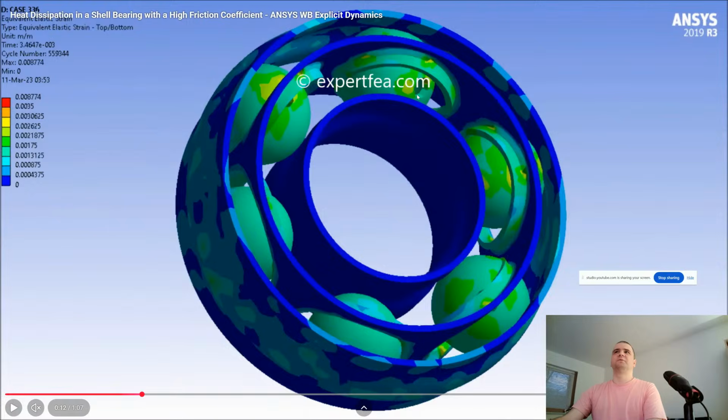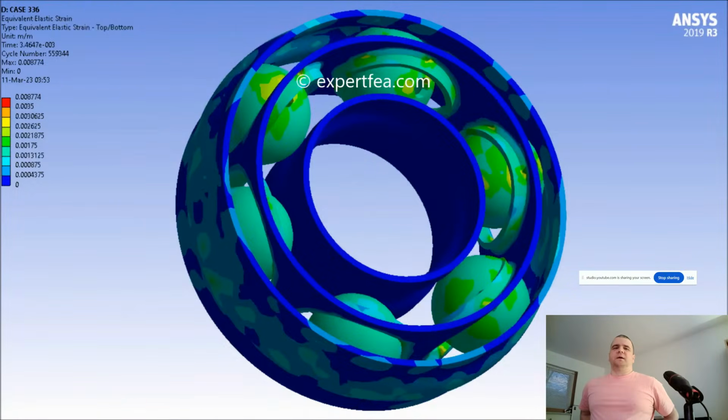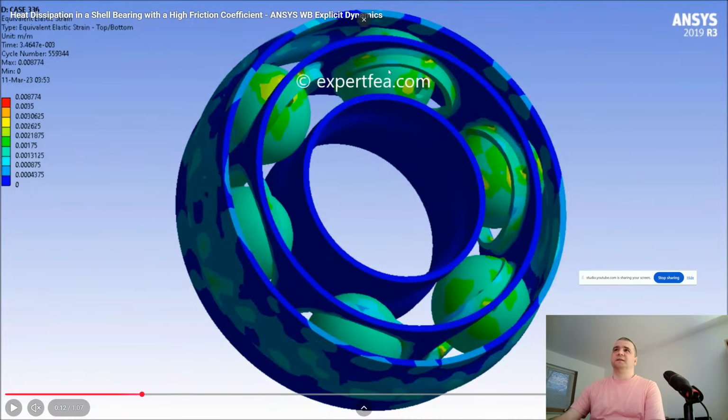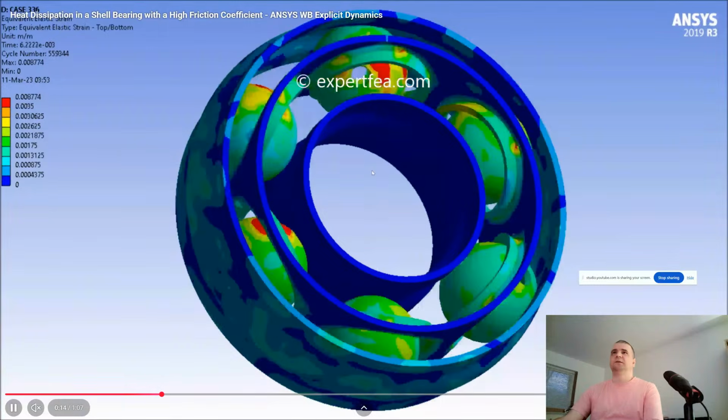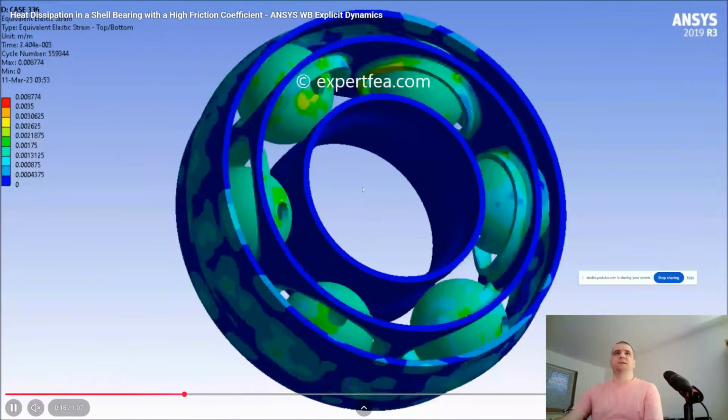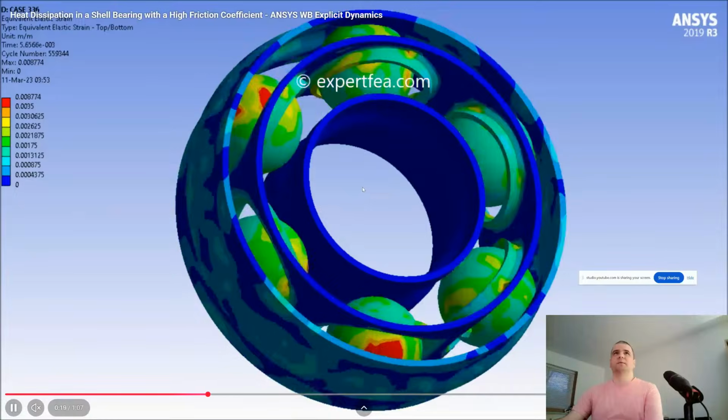There are small holes because otherwise I couldn't make a shell out of a sphere. In SpaceClaim, you cannot make an empty shell sphere because it will automatically make it solid. It will fill it up. And in a few seconds, we should see the temperature. Come on.